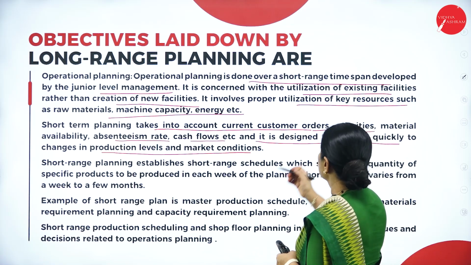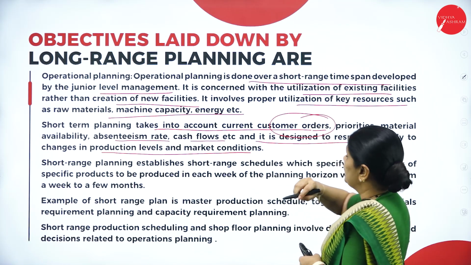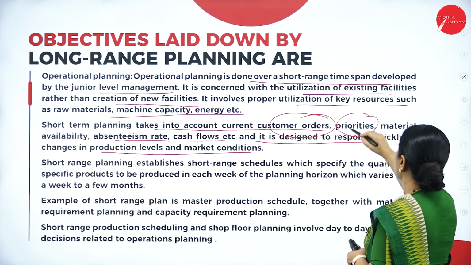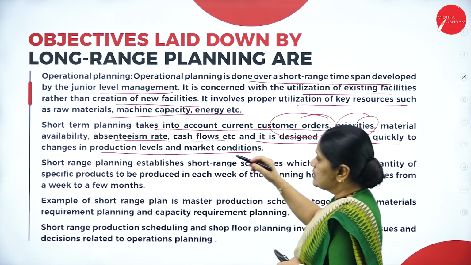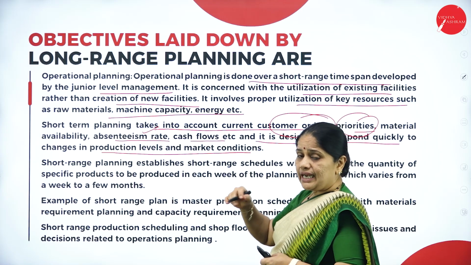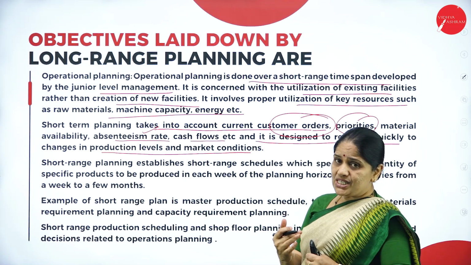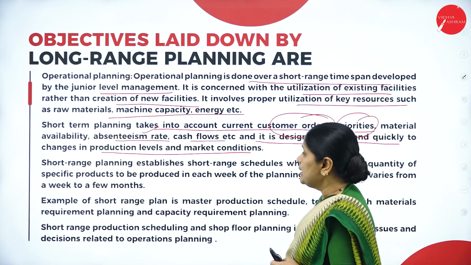So it takes into account the customer orders. So which orders have to be manufactured first, what is the priority, what is the material availability, absenteeism rate. So the day-to-day production scenario, based on that, we have the short-term planning.